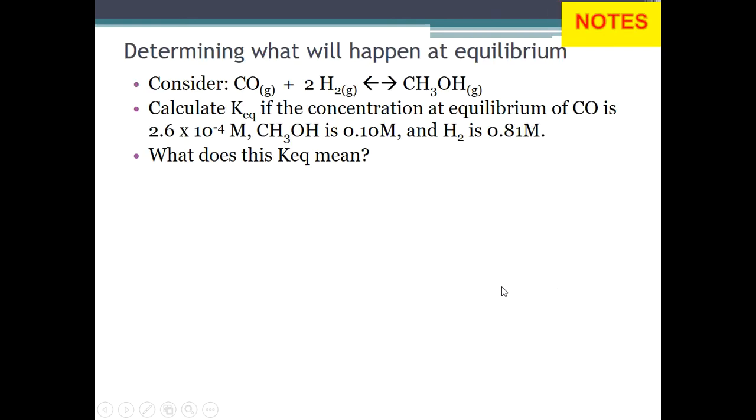Now, one step further on to this, which will really help you next week, is this. Write down the question. This is how we use it as a tool to predict the future. So I've got some carbon monoxide. I'm colliding it with hydrogen gas. It can make and break this stuff called methanol. That's how you make fuel, right?